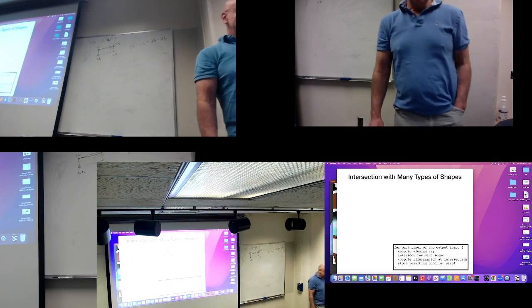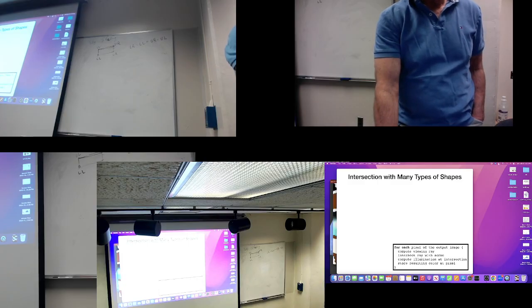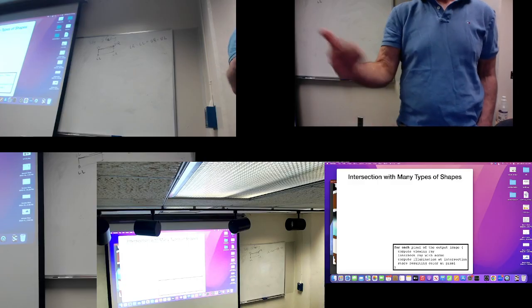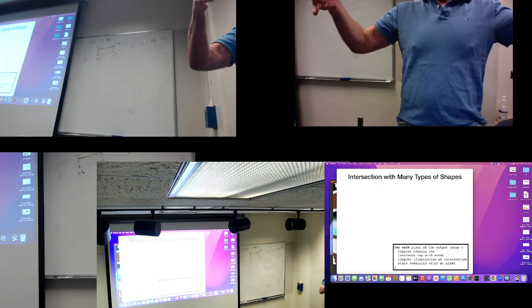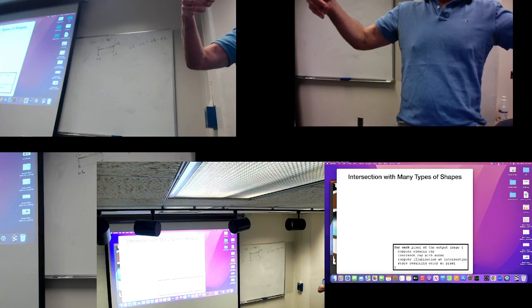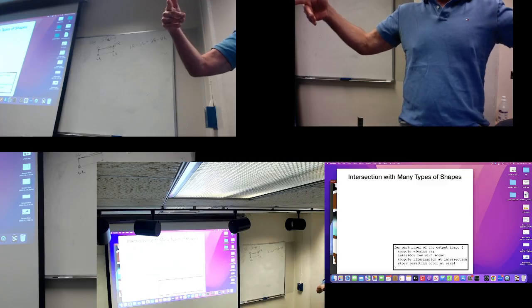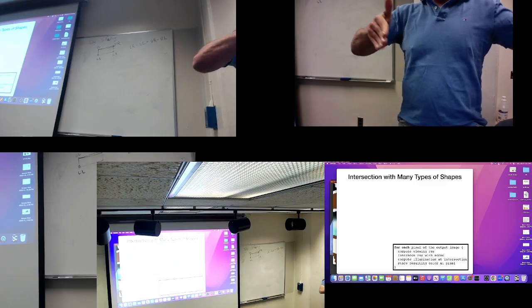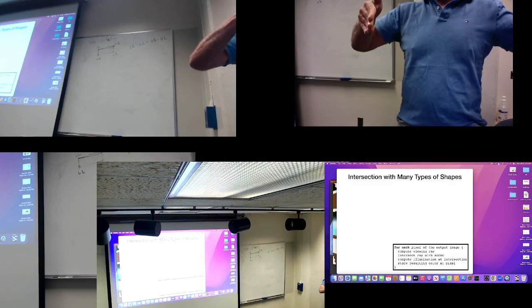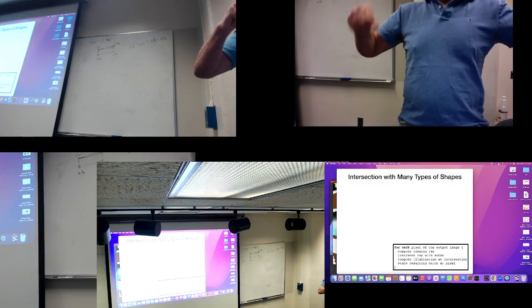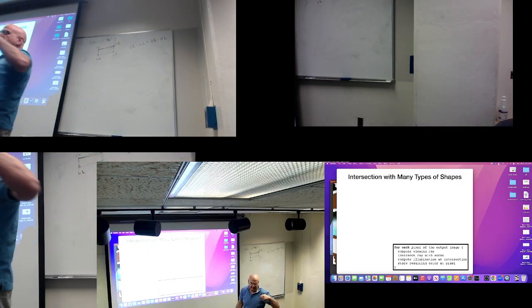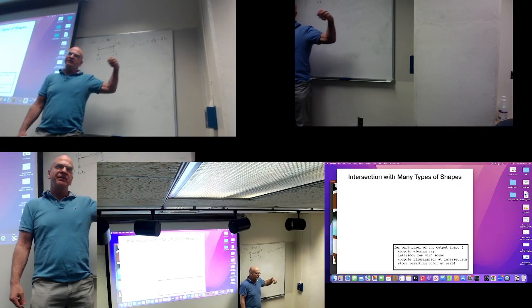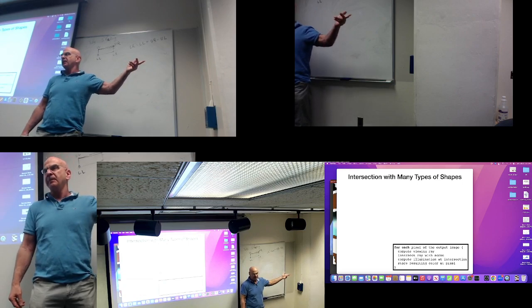Okay, an intersection with many types of shapes. You'll have the reader for the JSON. The JSON file reader will produce an array for spheres and one array for billboards. Then you can ask what is the lower left coordinate of the fifth billboard in my array.